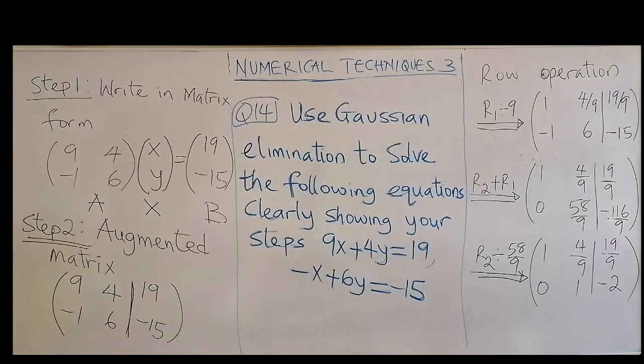So we've gotten our target of having the leading diagonal be 1, and below that be 0.